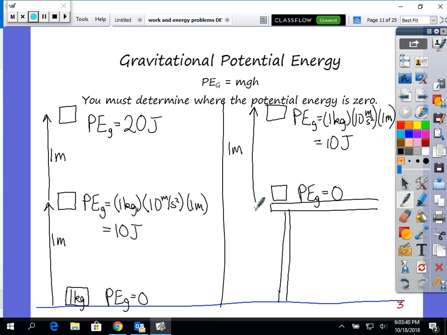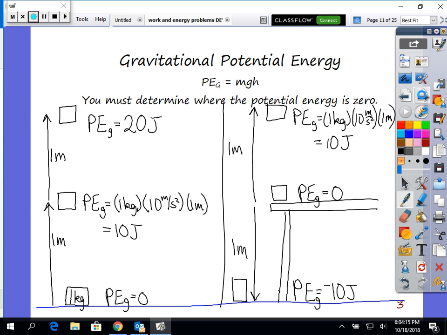Likewise, if it falls down 1 meter, just before it lands, it'll have a kinetic energy of 10 joules. It's given up 10 joules of potential energy. So the potential energy is now negative 10 joules. Potential energy can be negative. Work can be negative. Kinetic energy can't be negative because mass has to be positive or 0, and v squared can't be negative either.